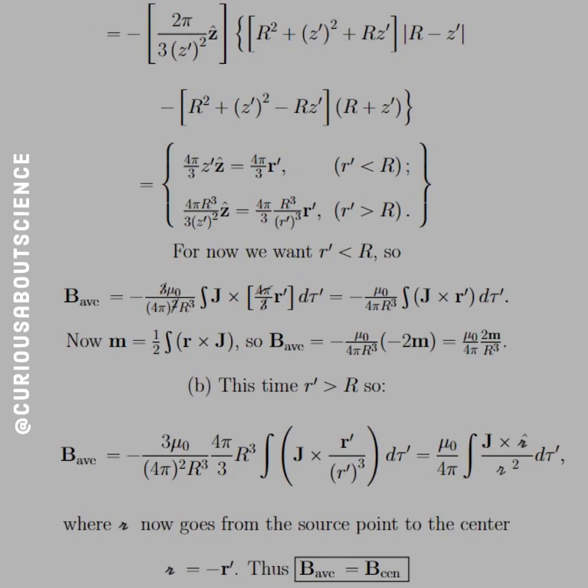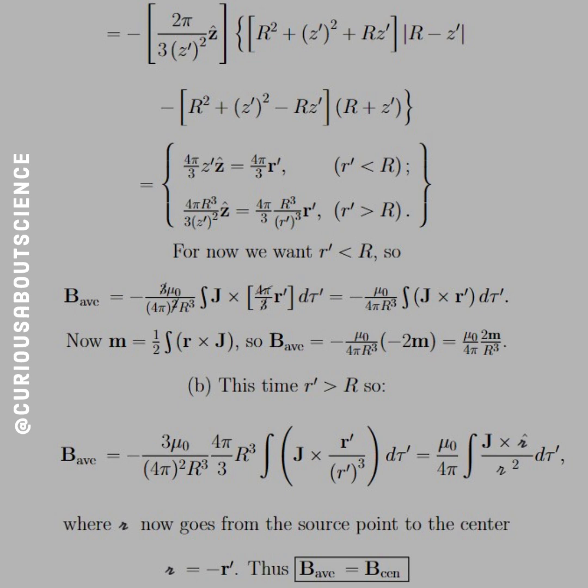On the next page, it simplifies to a piecewise definition for when r prime is less than big R, the radius of this shell, and then r prime greater. For this first part, we want the case where r prime is inside. So B average is equal to 4 pi over 3 r prime vector. The factor of 4 pi cancels and the 3 cancels.